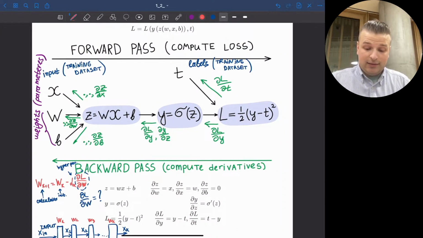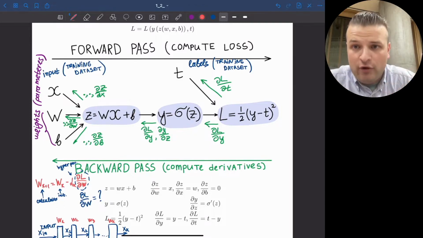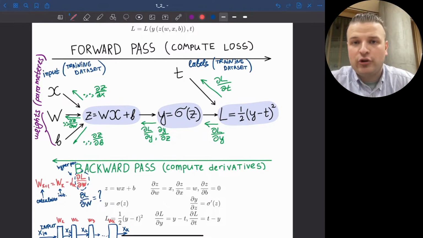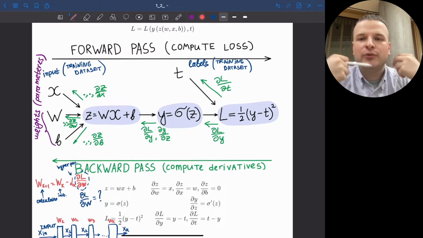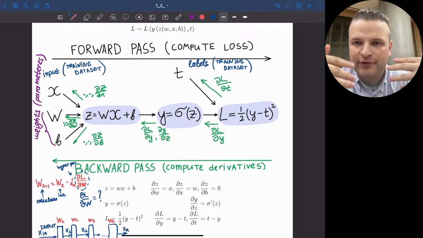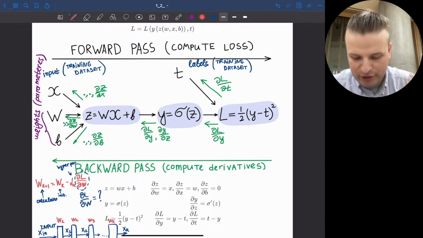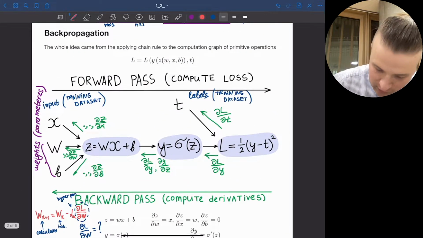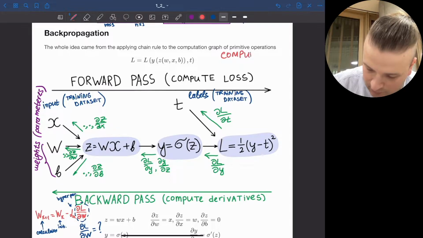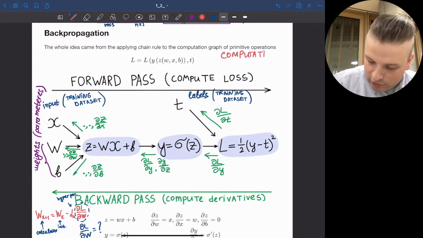And typically each of these nodes, each of these operations is delivered with an efficient way to compute the derivative through this simple operation. Again, this is actually what is called a computational graph.